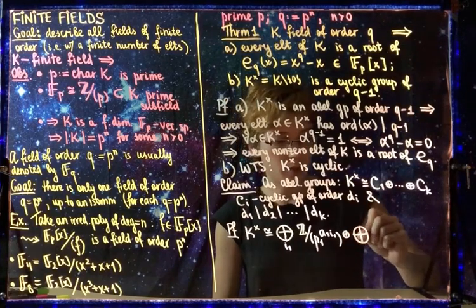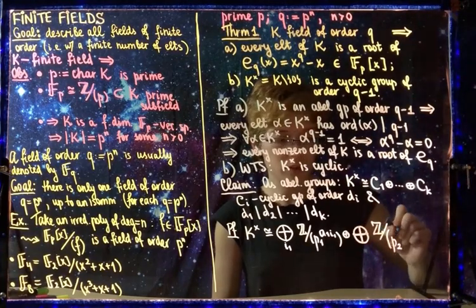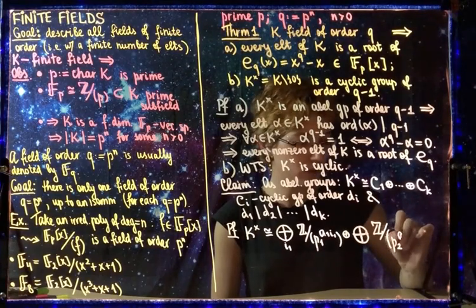Then I pick some other prime, let's say p2, and I take all of the summands which are obtained by taking quotients by the powers of p2 here.